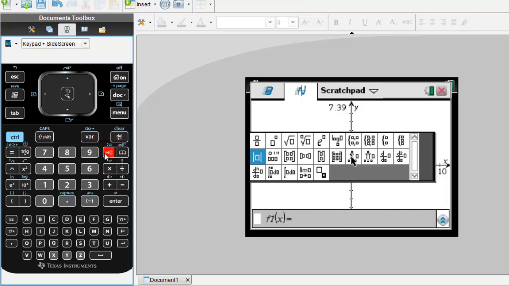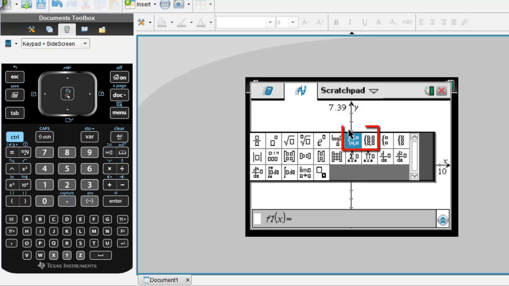Now, if you come over here to the right, you can see I've marked the piecewise function. This first one that I marked is a template that only has 2 pieces for the function. The one right next to it shows 3, and that second one lets you determine how many pieces you want. It'll actually let you input 2, 3, 4, 5 pieces of a piecewise function. But we only want to use the one that has 2 right now.